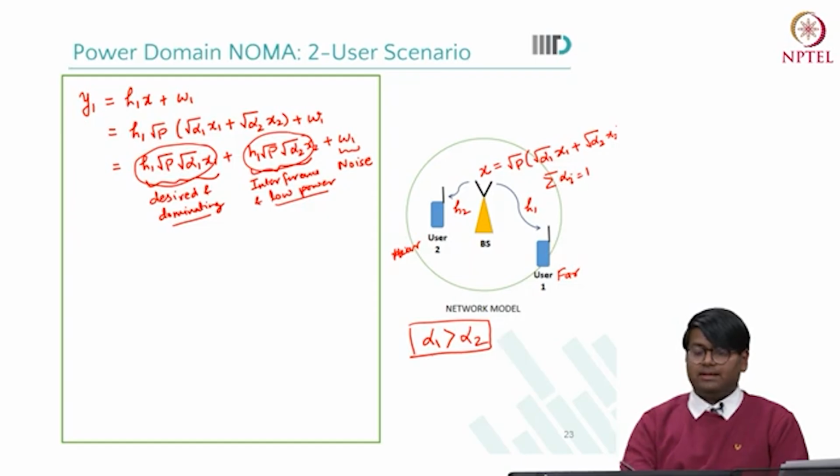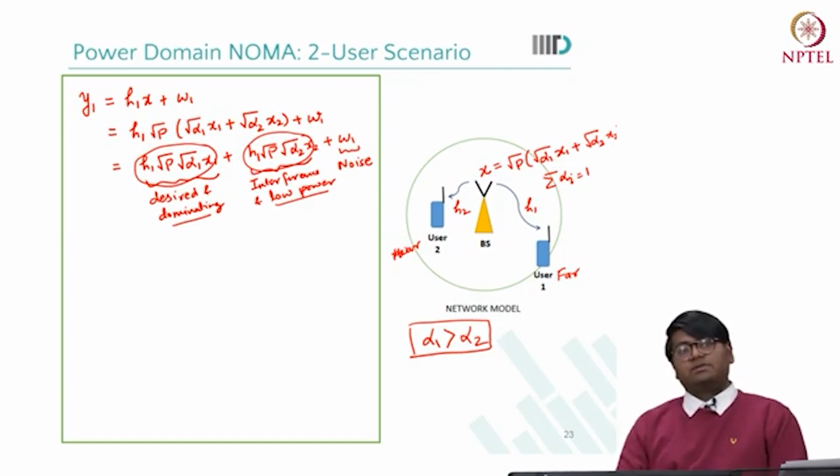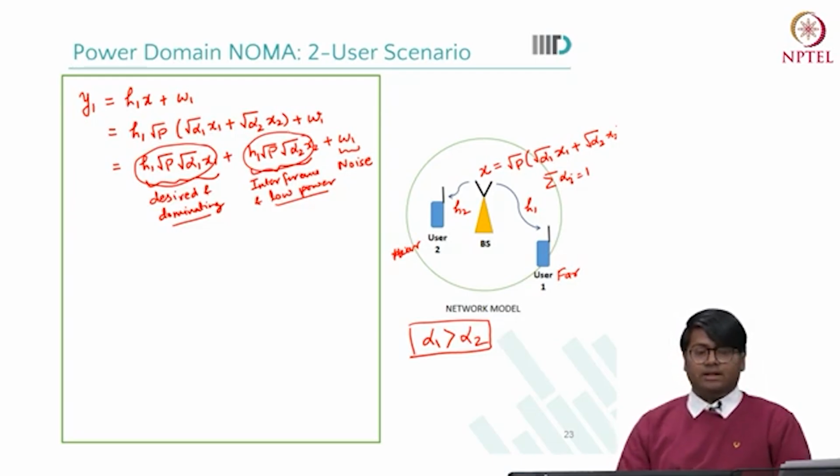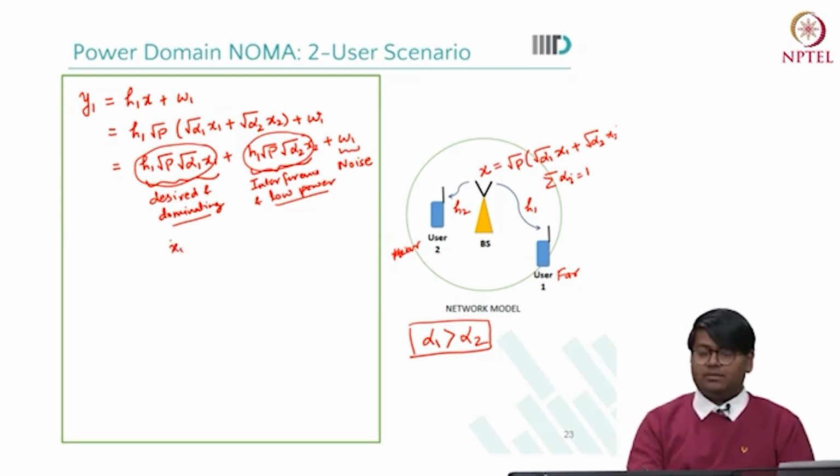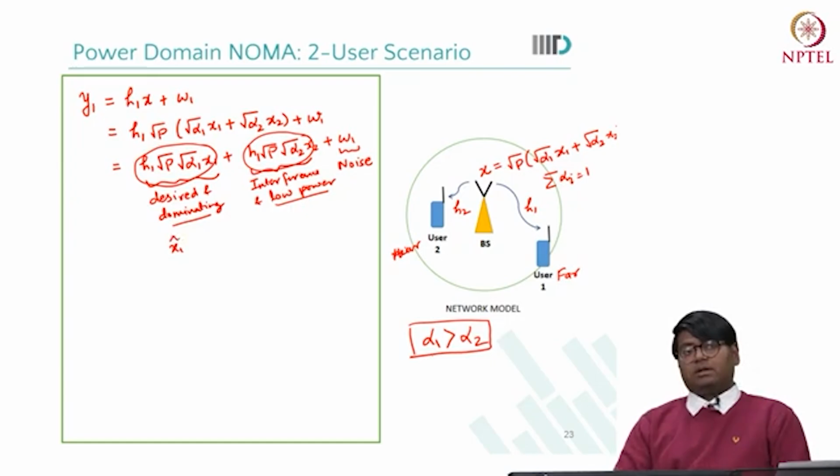Since the power allocation factor for user 1 is greater than that of user 2, we can easily estimate the message for user 1.